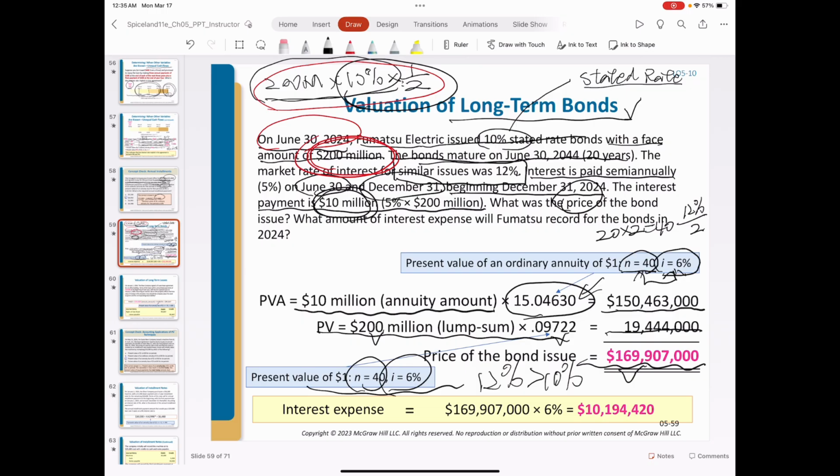In other words, the company offers a less favored interest rate than the market, so it must sell at a discount. There's no incentive for lenders to invest at 10% and miss the 12% potential return.